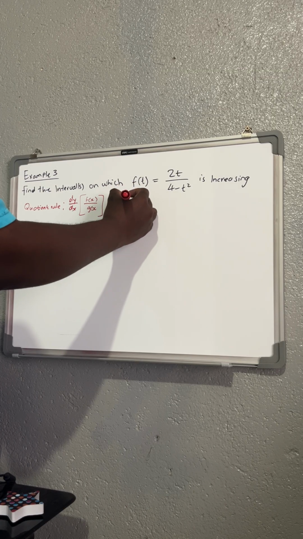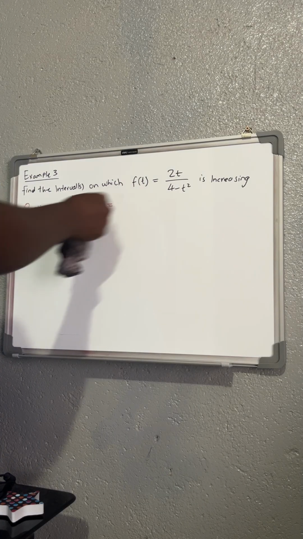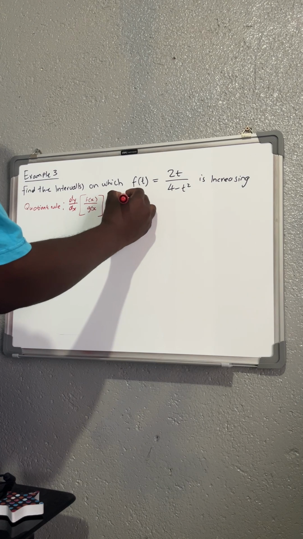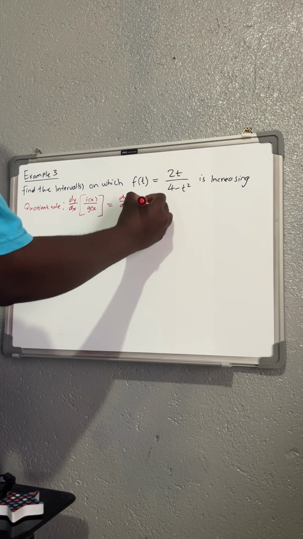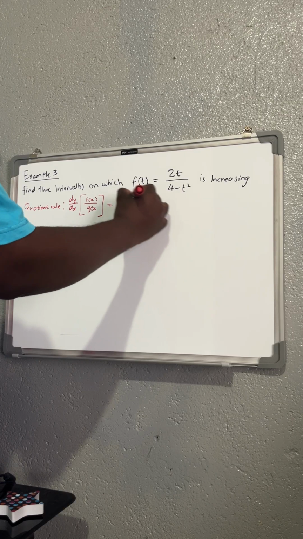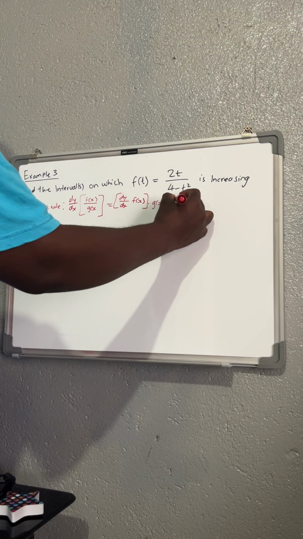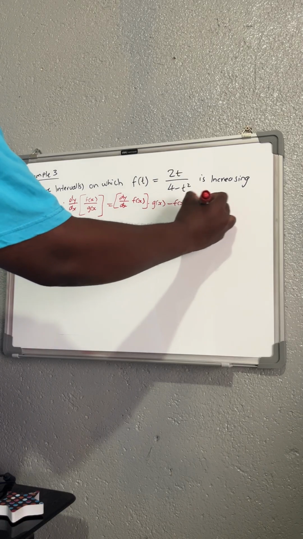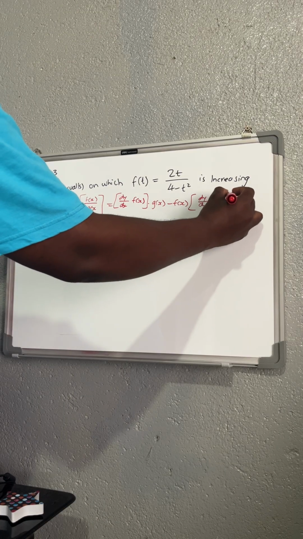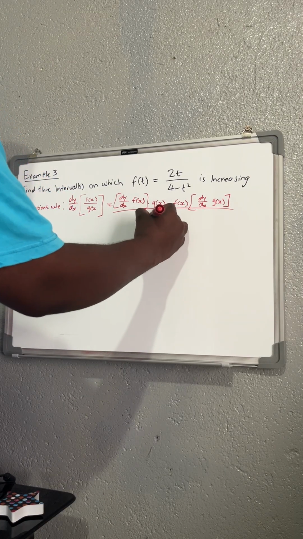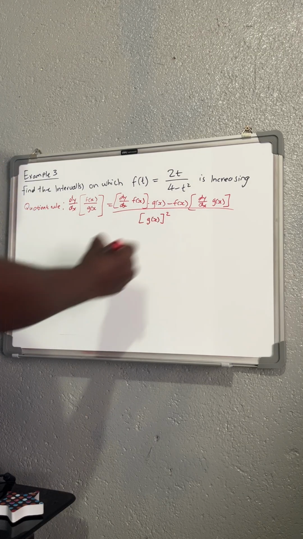Then you're going to have your dy over dx of your f of x, multiplied by the g of x, then you minus your f of x, times your dy over dx of your g of x, then this will be divided by your g of x all squared.